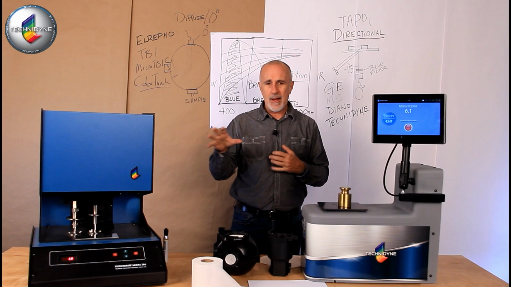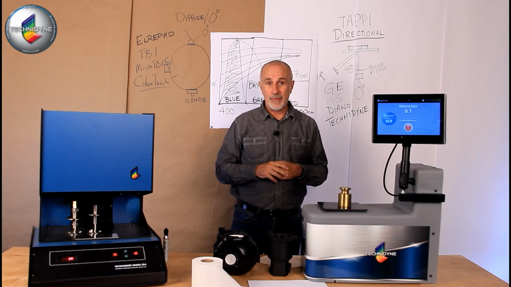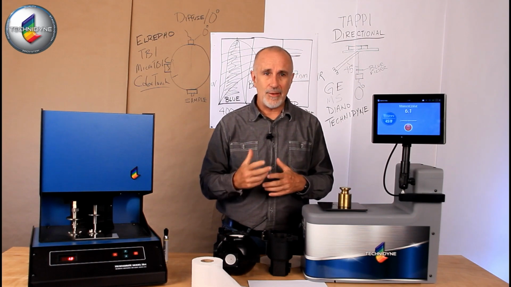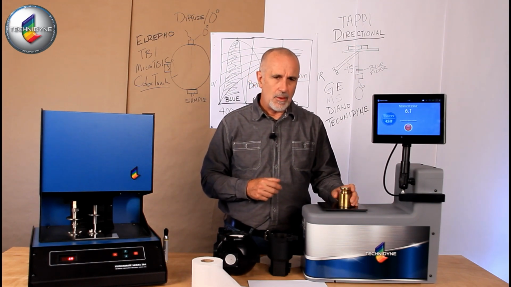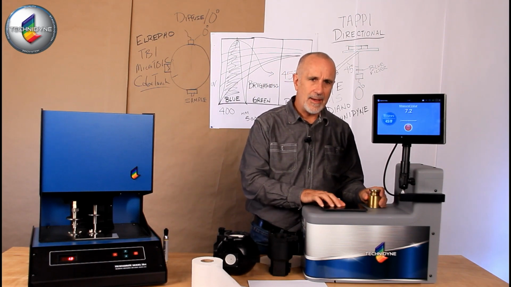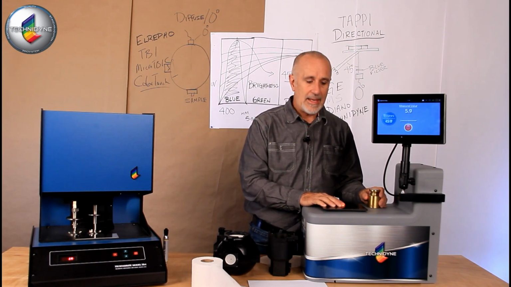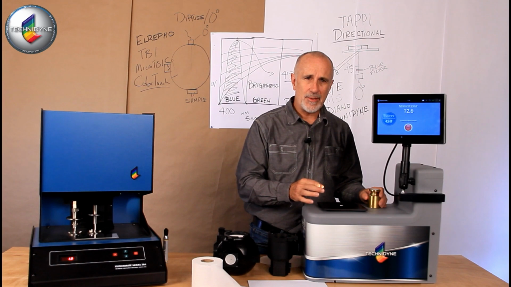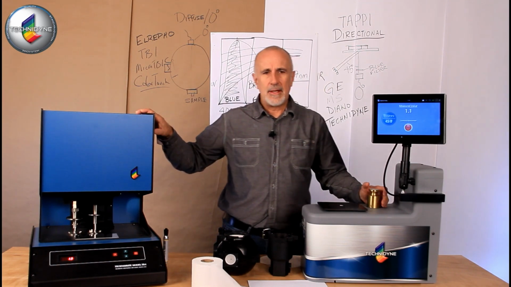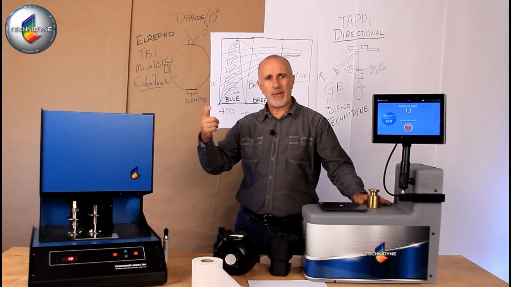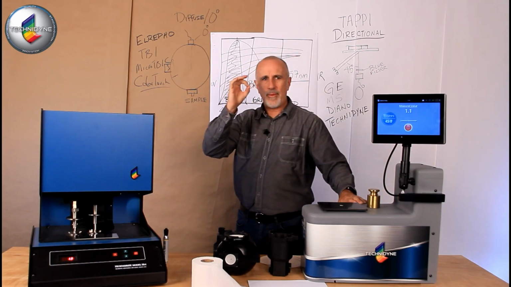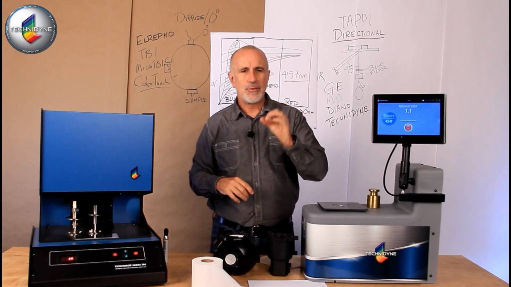Beyond that, one of the big differences between the two instruments is the sample opening, the area of view that you have with the instrument. On the TAPPI method, you can't see it here, but you've got an 11 millimeter opening, and the area of measurement is 9 millimeters. So it's looking at a fairly targeted area in that sample. On the ISO, one of the things that the ISO group wanted to do when they developed this technology is open that up because they felt it was too tight.